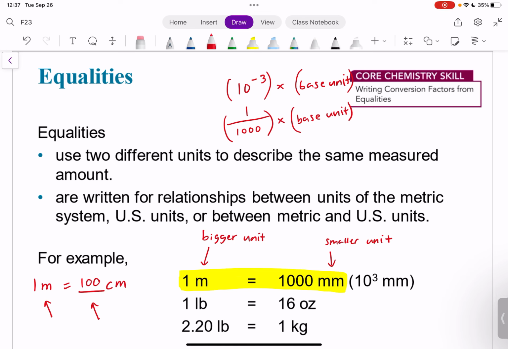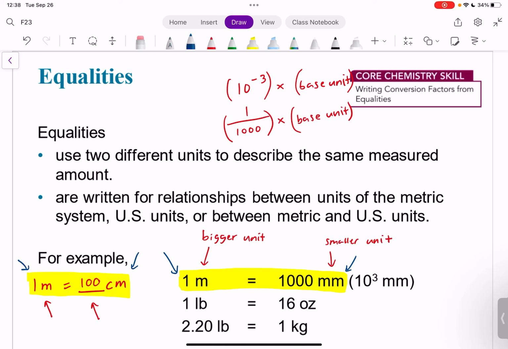For these equalities, this is an equality here as well. We're saying 1 meter equals 100 centimeters because in 1 meter there are 100 centimeters. So you can write equalities for converting between a metric unit and another metric unit, just like these here.